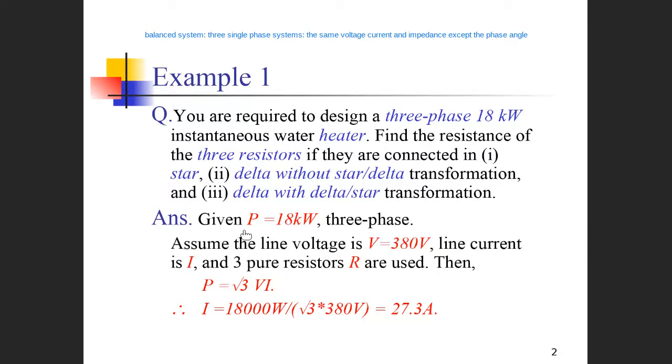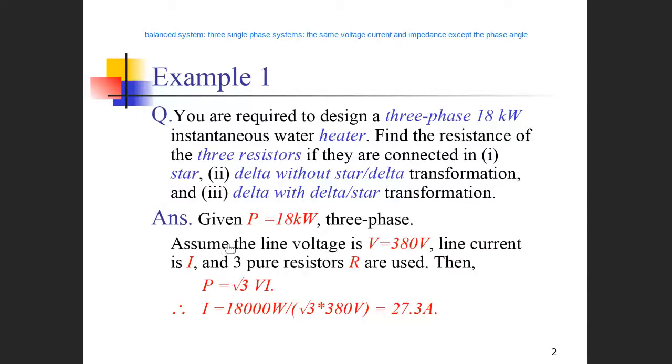First, we should try to understand the meaning of the information given here. Given that the three-phase power is 18 kilowatt, the 18 kilowatt here is the three-phase total real power. The unit is kilowatt, so that's the real power.